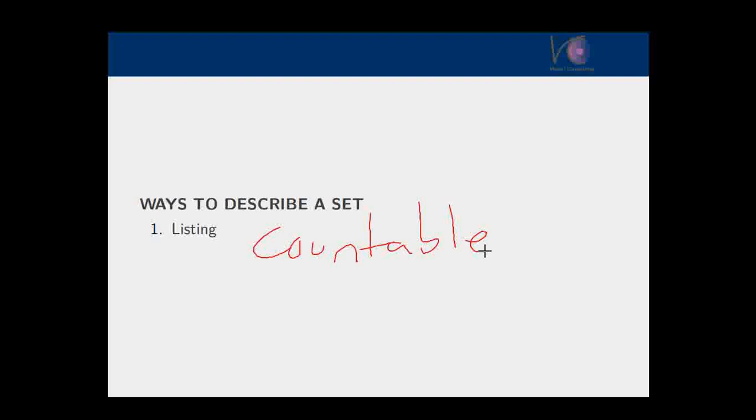Now, in math and science in general, we encounter a lot of sets that are not countable, yet they are very useful. Since listing cannot be applied to such sets, there must be some other methods that we can use to describe sets which are uncountable.